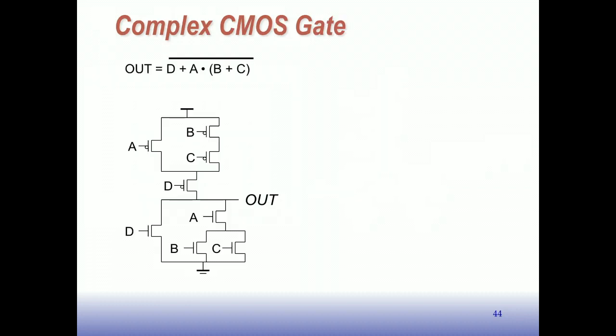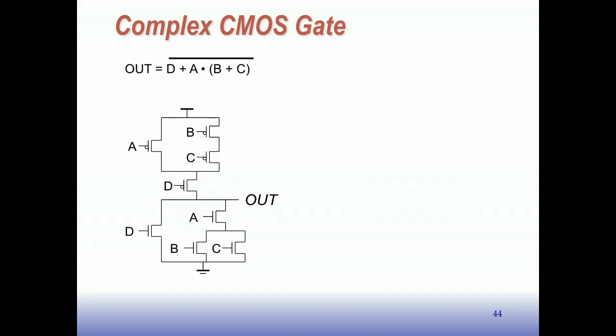Now, here's a more complex function that we can also implement as a single CMOS logic gate. Here's the function: the complement of D or A, and with B or C. This is easy to construct in this case because it's a prescription for how to make the pull down, because we want the output to be a 0 if the expression under the bar is true. How do we make that be true?